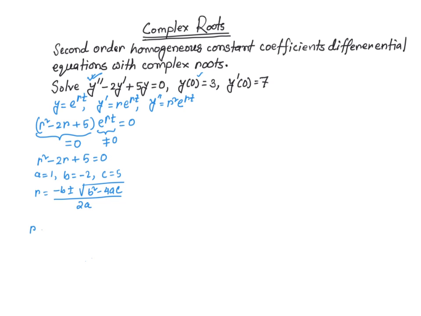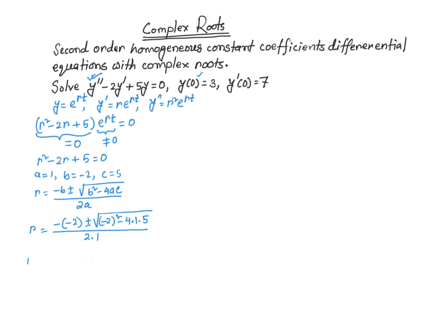So my r is going to be negative b, so that means negative times negative 2, because b is negative 2, plus or minus square root of b square, meaning negative 2 whole square, minus 4 times a is 1 and c is 5, all under the square root, divided by 2 times a, 2 times 1, because a is 1.